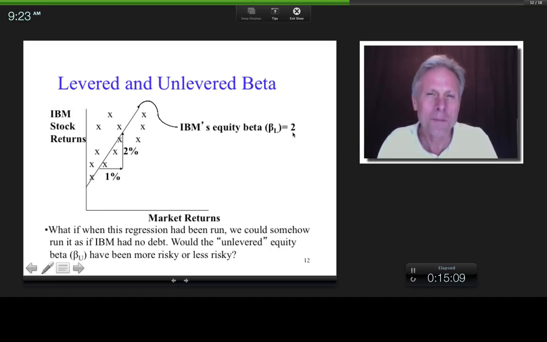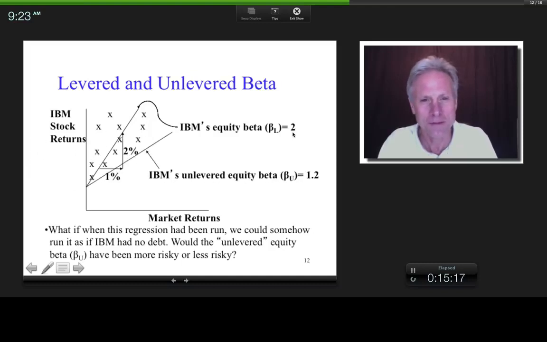Then would there be a higher beta or a lower beta than 2? It'd be less, right? And so the unlevered beta might be something like maybe 1.2. By the way, I just made up that number. The only stipulation when I made this number up was that it be at least related to this guy, the 2, that it be something less than 2.